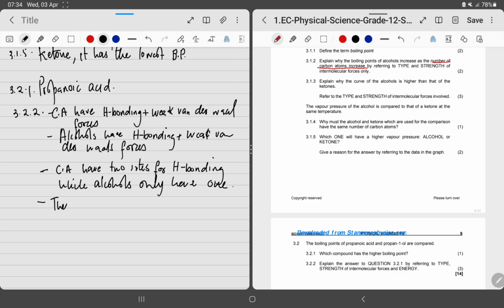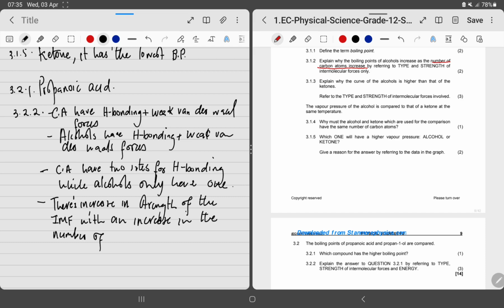There is an increase in strength of the intermolecular forces with an increase in the number of hydrogen bonding sites.